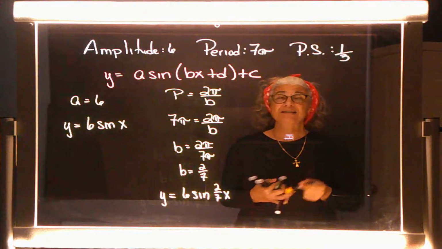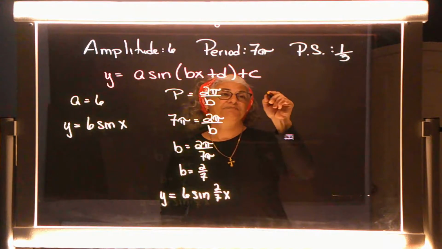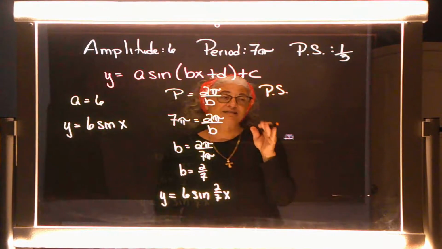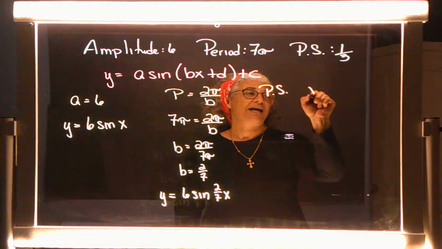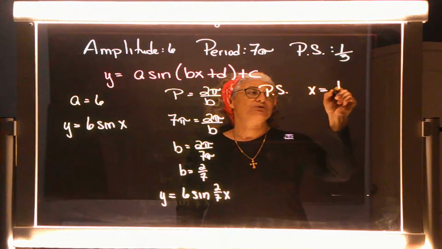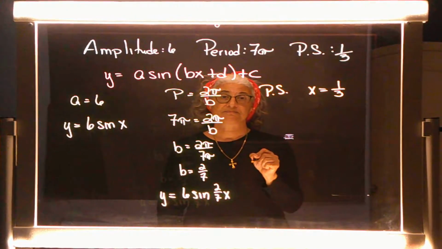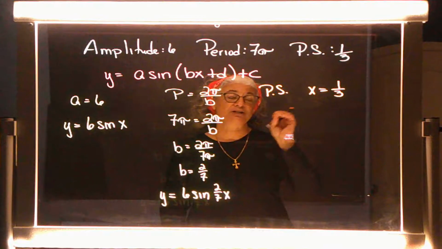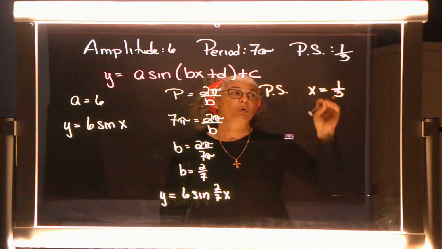Okay, the last thing is the phase shift. Now, here's the deal with the phase shift. This tells me that x was equal to 1/3, right? That was a positive 1/3. I shifted to the right 1/3.